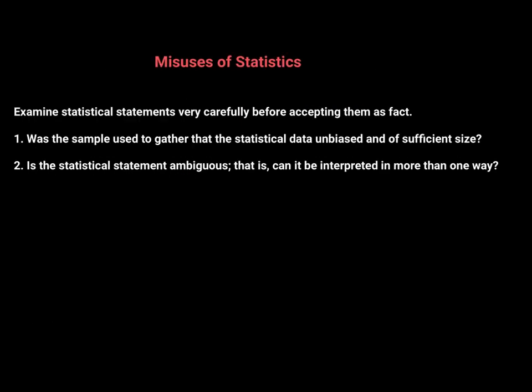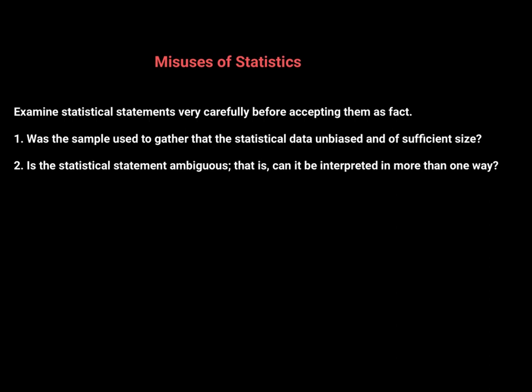We end our lesson talking about the misuses of statistics. It's so important that when we use statistics, we're using them properly, and we are interpreting them correctly. And so before we accept any statistics as fact, we should examine statistical statements very carefully.